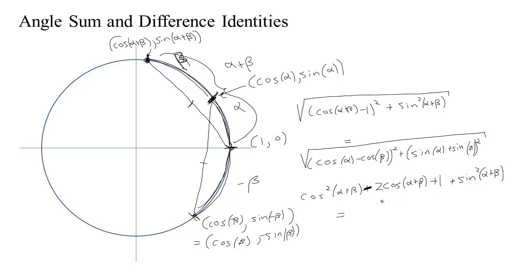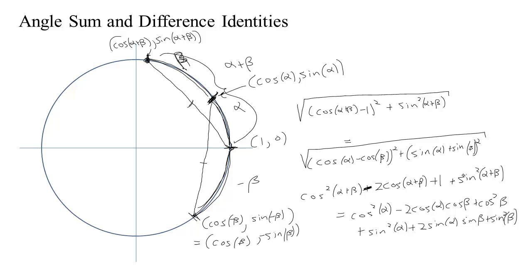And over on this side, if I multiply this out, I'm going to get cosine squared alpha, and then minus 2 cosine alpha cosine beta, plus cosine squared beta, plus, now multiply this out. The product of the first terms makes sine squared alpha. The outside terms plus the inside terms make 2 sine alpha sine beta, and then the last terms make sine squared beta.